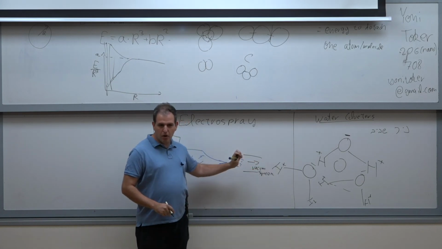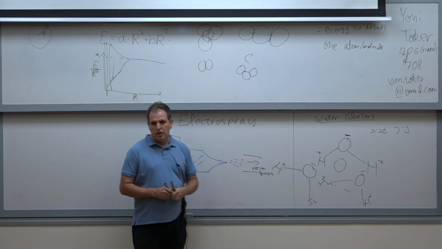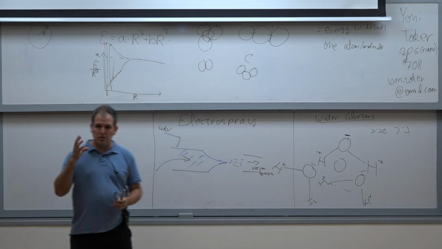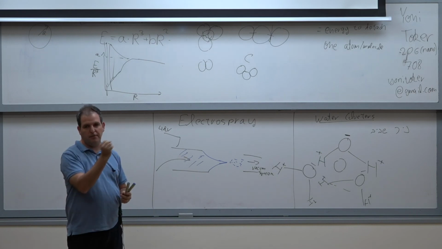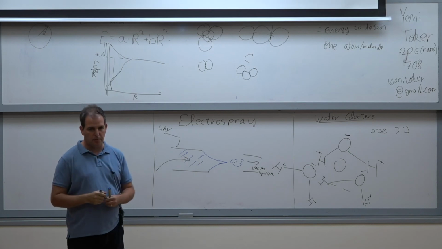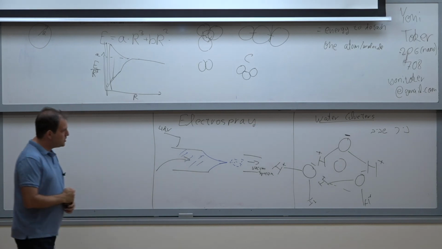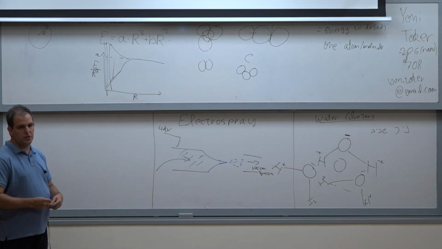Then you have droplets of water that go into the vacuum system, and if you heat them up, the droplet starts evaporating. If you don't heat them up, you get a large droplet, but if you heat them up more, you get smaller and smaller droplets. Eventually you get single molecules. So this is called electrospray, and this is a way to form water clusters of any size you want.